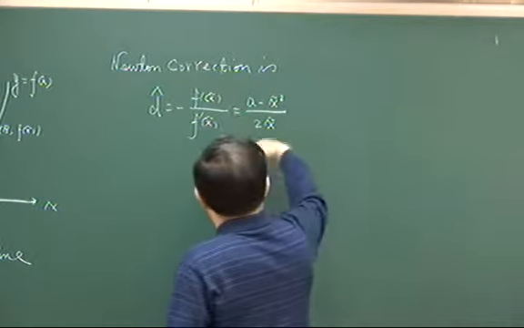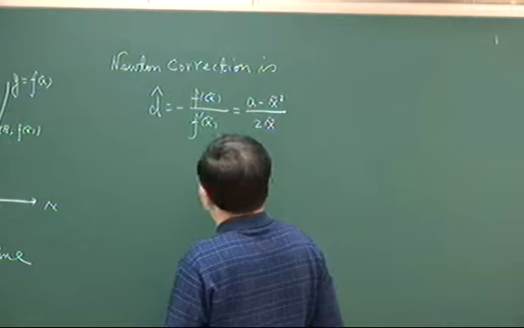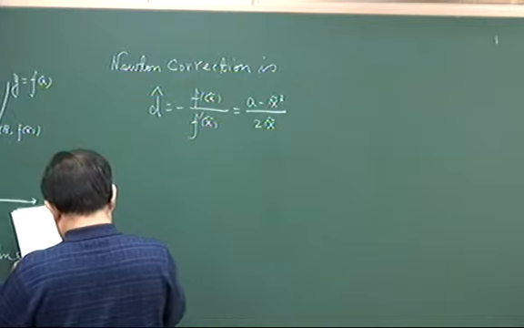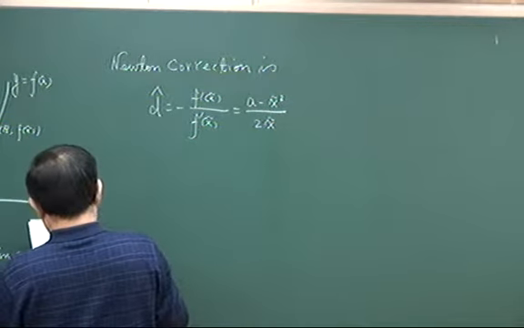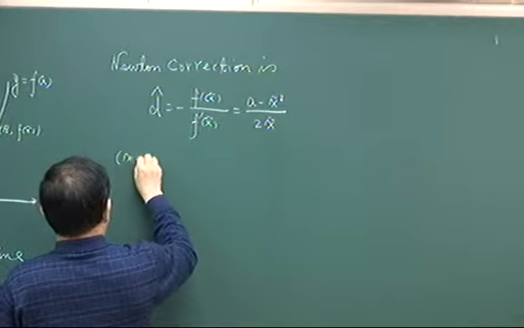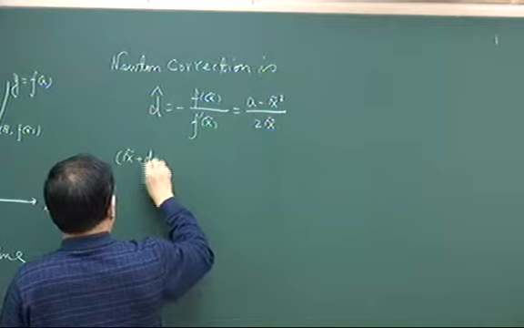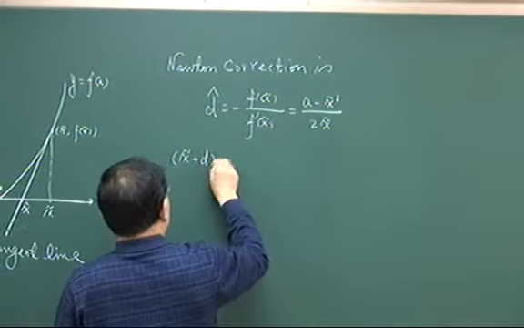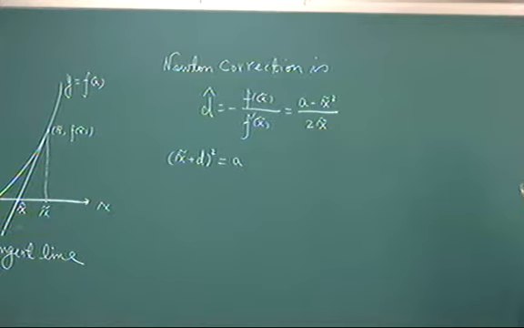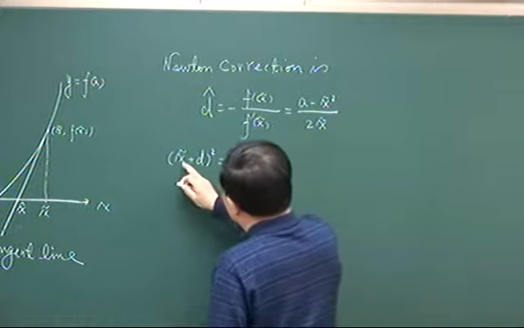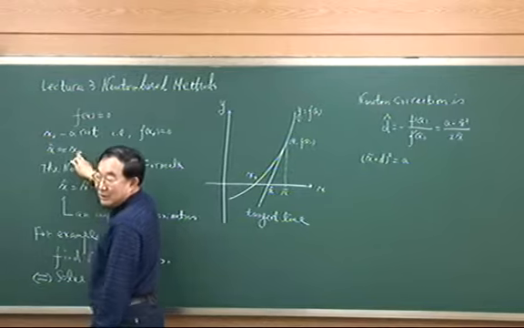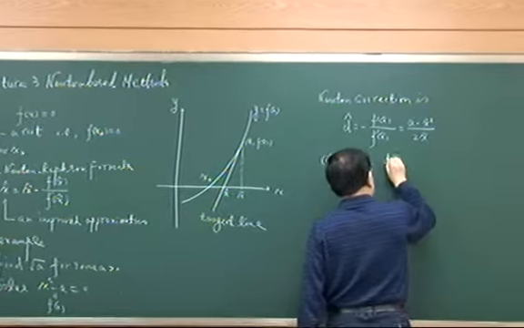Now we derive this formula in another way. We write (x plus d) squared, which is x squared plus 2dx plus d squared, equal to a. Because x is an approximation to the root, d is very small.